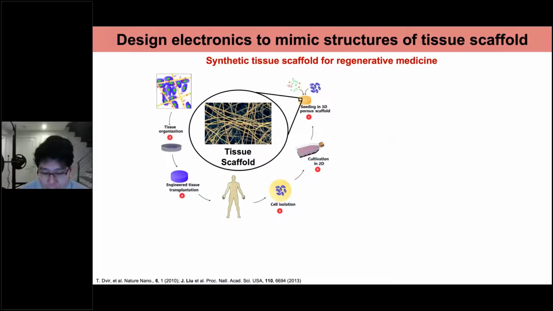So to solve this problem, we really want to look at the history of biomaterials. Is there any material that can provide this kind of gliosis-free implantation in the human body? Actually, people already developed this type of material, the so-called synthetic tissue scaffold, which has been widely used for regenerative medicine.